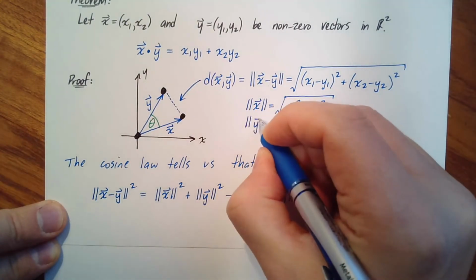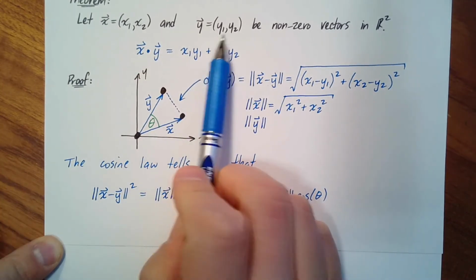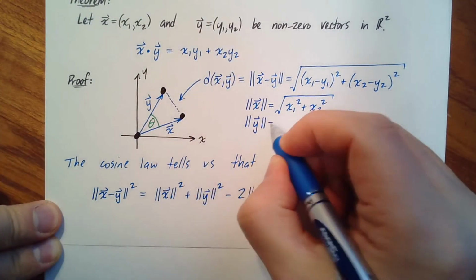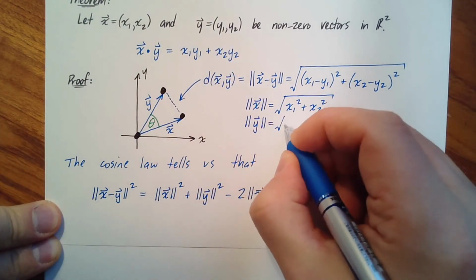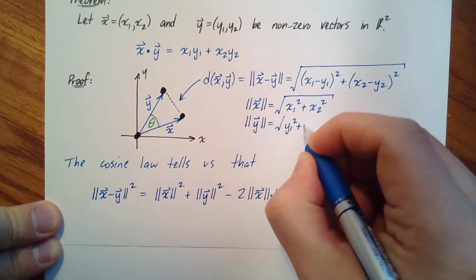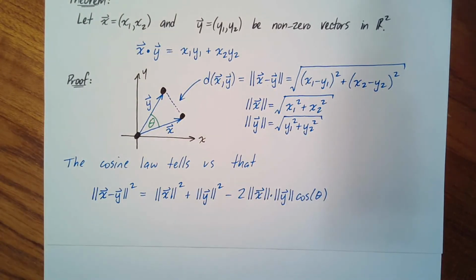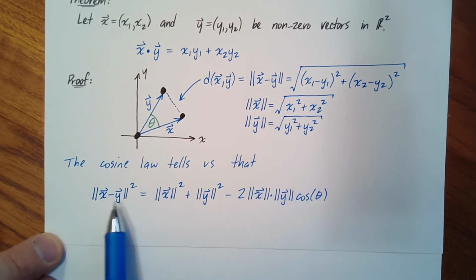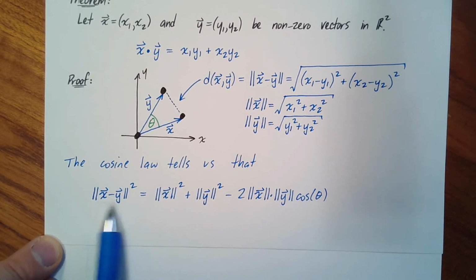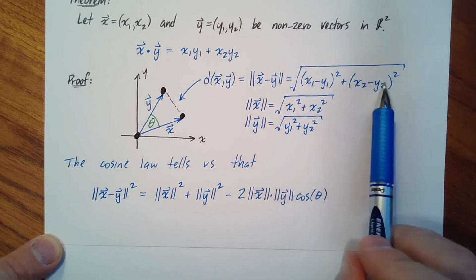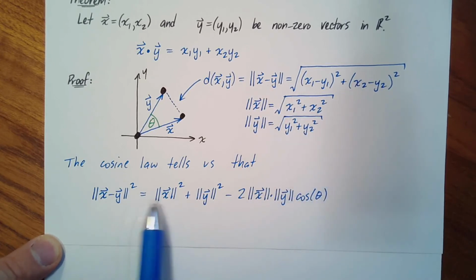So the norm of y is going to be the square root of the sum of the squares of these two coordinates, y1 squared plus y2 squared, right? So those are our norm of x and norm of y. We'll plug those into these two parts here. And then this one, we have worked it out up here. So we're going to plug these three quantities in for these three quantities.